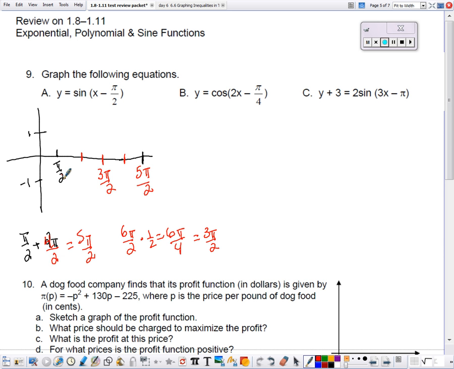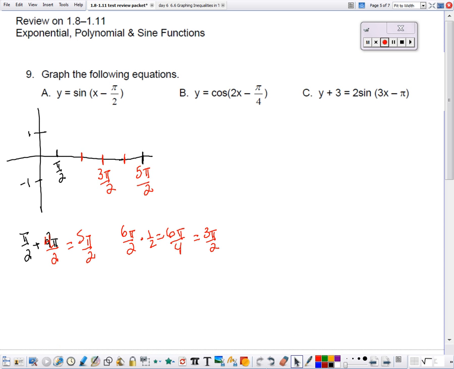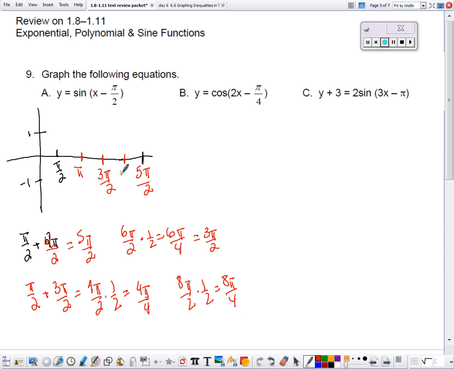When I add these, that's 4 pi over 2 times a half. So that's 4 pi over 4, which is pi. And then one last time, that's going to be 8 pi over 2 times a half, which is 8 pi over 4, so that's 2 pi.